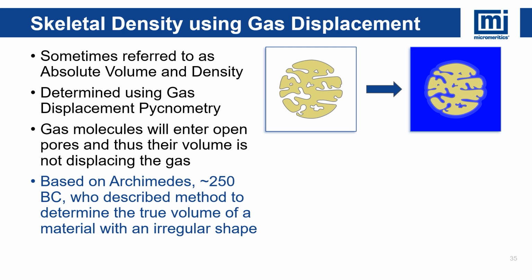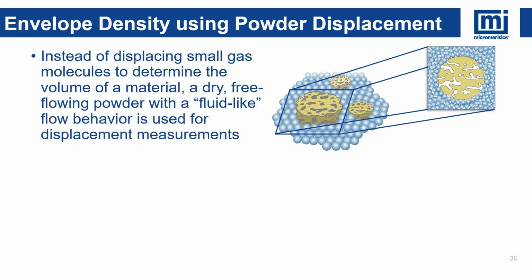So let's describe a second density, that being the envelope density we determine by a powder displacement. Here, instead of small gas molecules surrounding the sample and penetrating pores, we surround the sample with a dry, free-flowing powder that is fluid-like in its behavior, and it then surrounds the object.